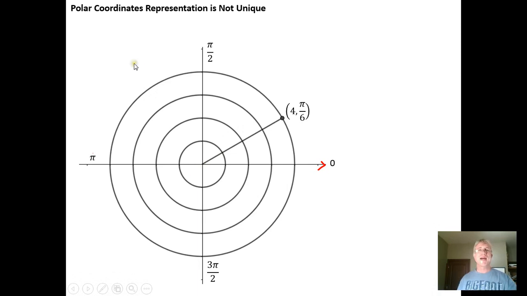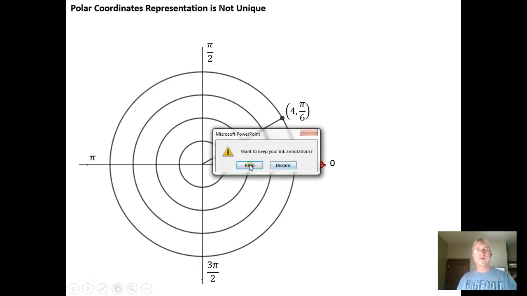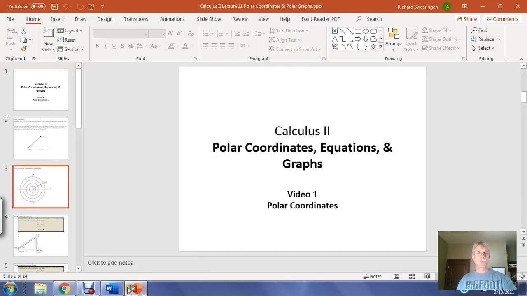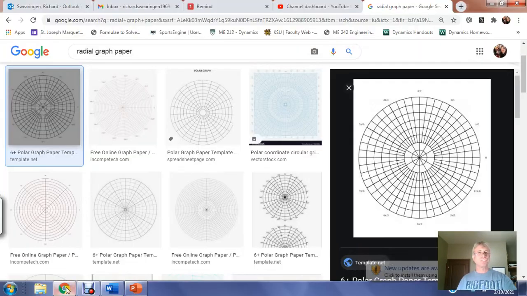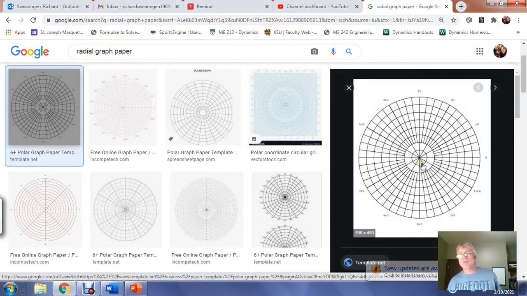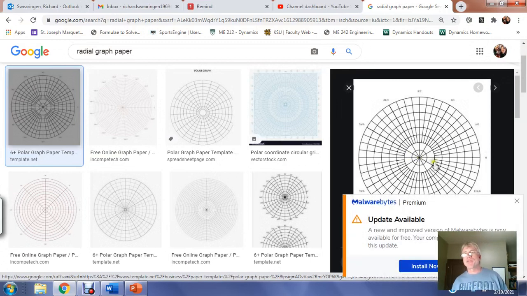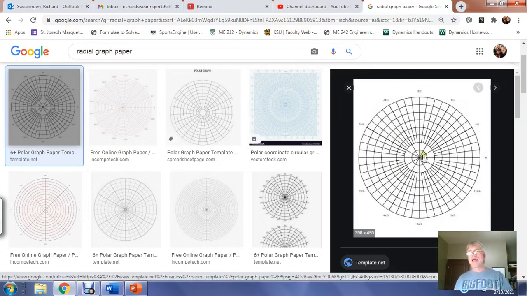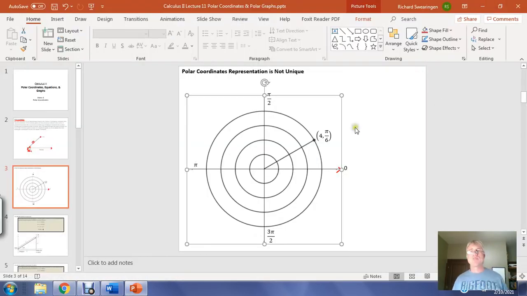If you just go into Google, for example, you can Google radial or polar graph paper, and that's what they're going to give you: graph paper where we've centered ourselves at a pole and sent radial lines out intersecting concentric circles that are centered at the pole. And so that's how you want to visualize it.